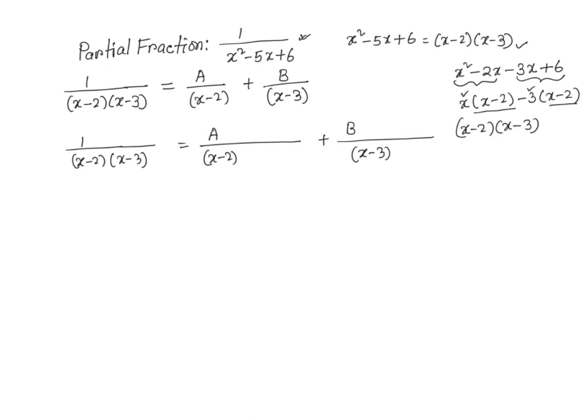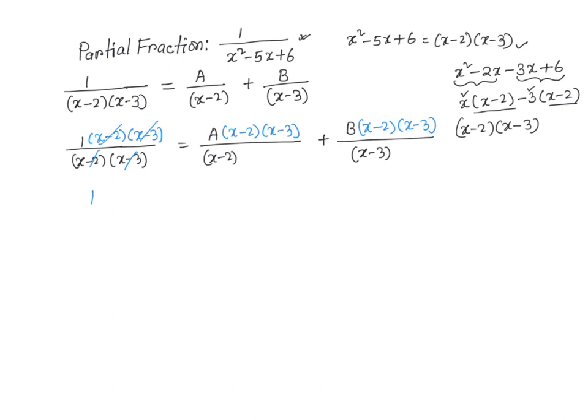Now I'm going to go ahead and multiply both sides of this equation by x minus 2 times x minus 3. If I do that, on the left, this cancels out.